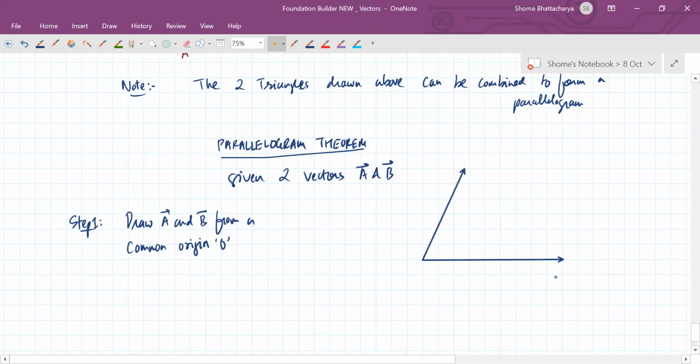Let us say this is the vector a, then we've drawn a and b both from the common origin, and this angle is theta.